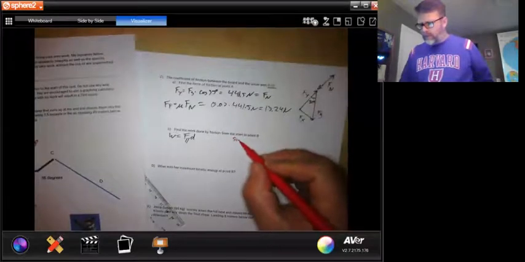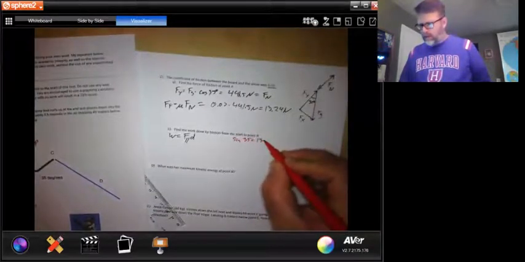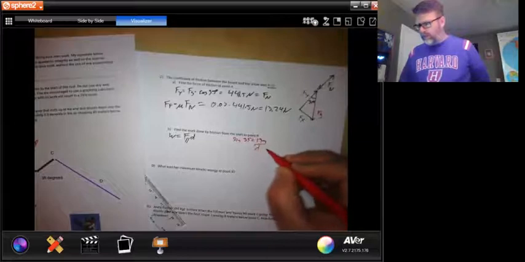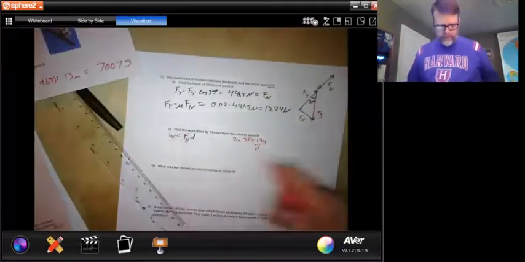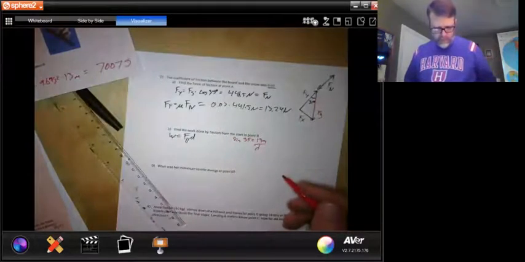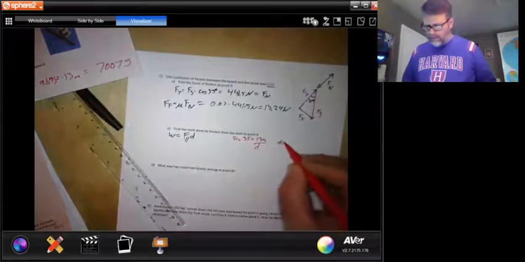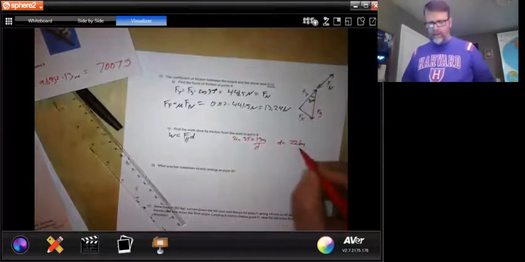We have sine of 35 equals 13 meters over your hypotenuse, which is really your distance. When we solve for that, we get that distance.